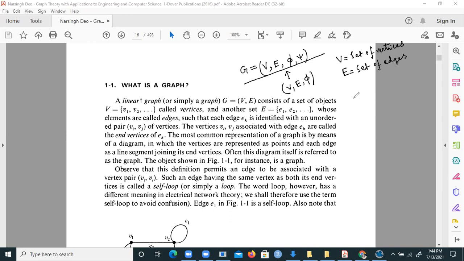Suppose I consider a vertex set containing only two points, V1 and V2, and I take the set capital E to be a singleton set.